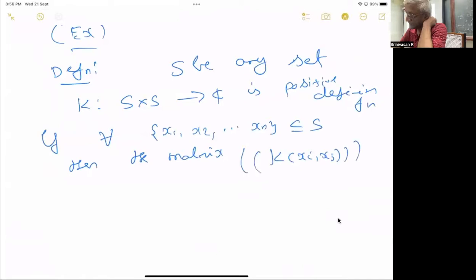So this is a matrix in M_n(C), and it is positive.